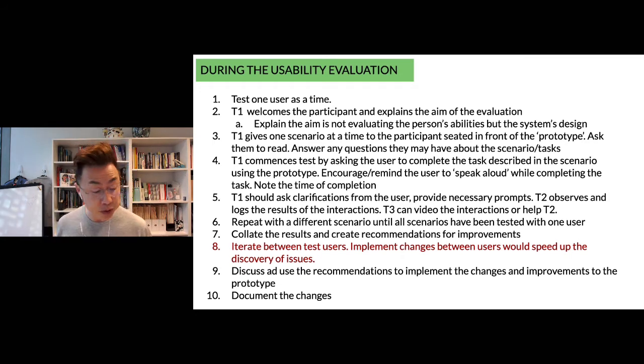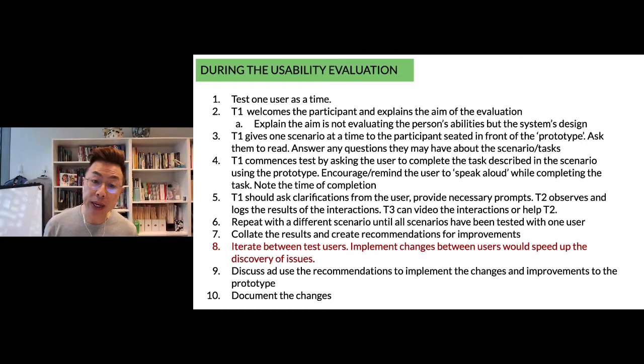So T1 then gives the user the first scenario when the person is seated in front of the prototype and asks them to read it. And if they have any questions to ask T1, then T1 would maybe clarify the scenario to the person. And then T1 would commence the test by asking the user to complete the task described in the scenario by using the prototype.